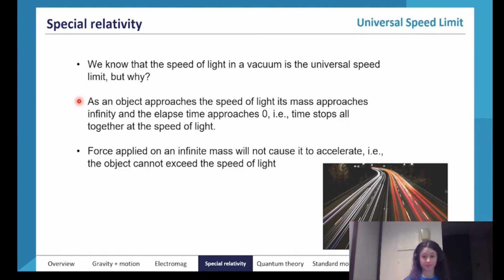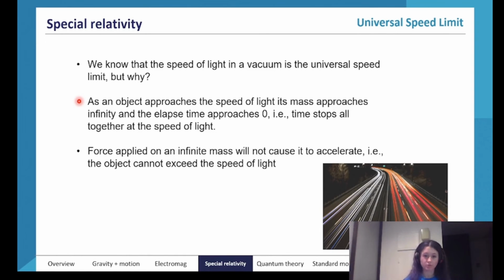And it also sounds partially crazy because we've only done a very, very fast overview of this topic. But as you are putting more and more energy into this object, the energy that you're putting in is actually increasing its mass and therefore not accelerating it. So it's accelerating less and less, and the mass is increasing more and more.